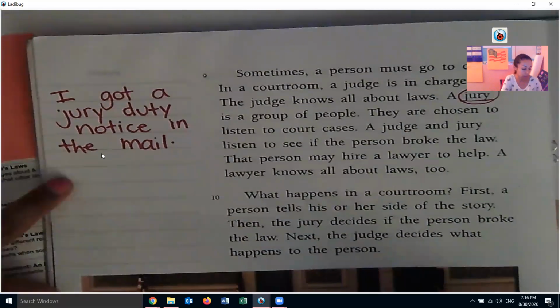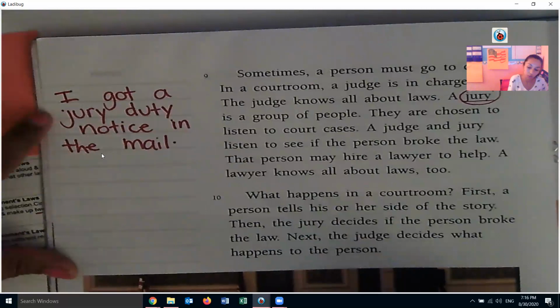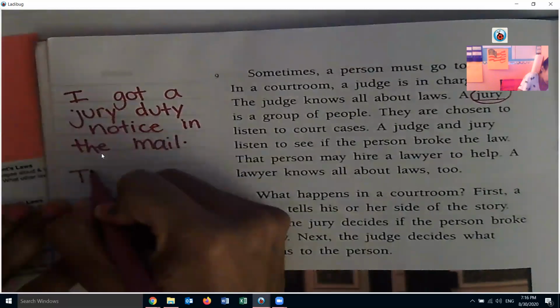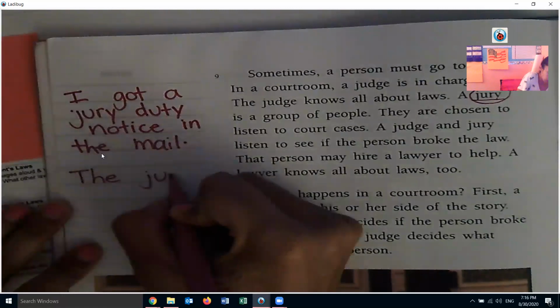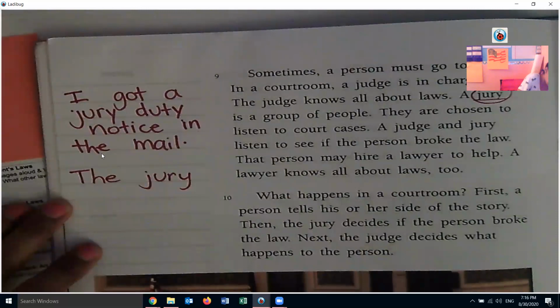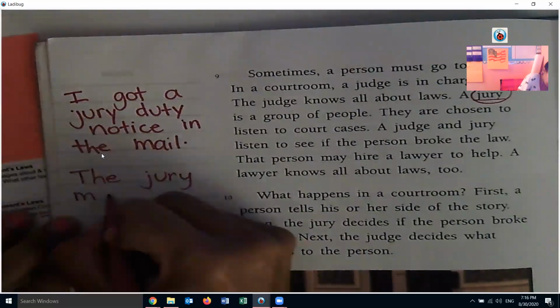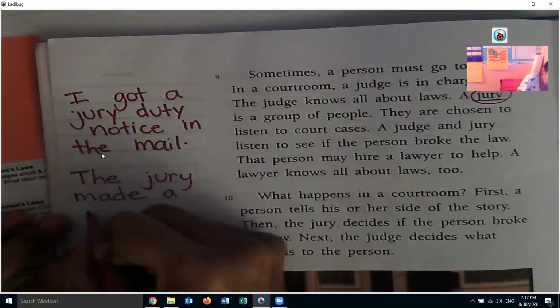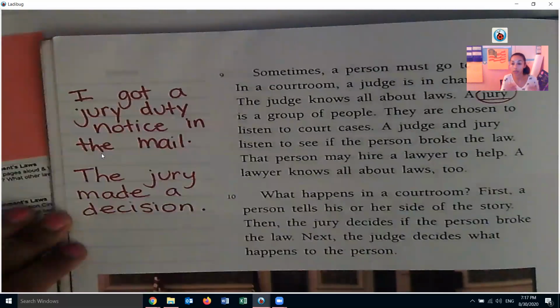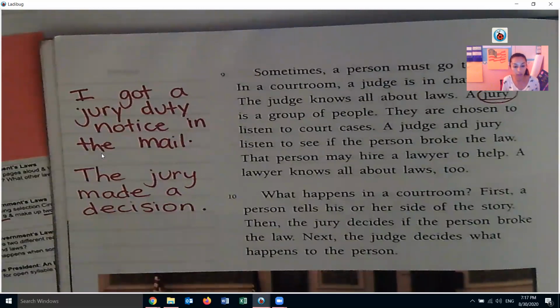So that's one sentence. We need one more with the word jury. Maybe the jury, meaning the group there, group of people, the jury made a decision. So the jury, a group of people, you have to work together to look at all the evidence, all the different information you're given, and they all have to make a decision together, and everyone has to agree on one thing.